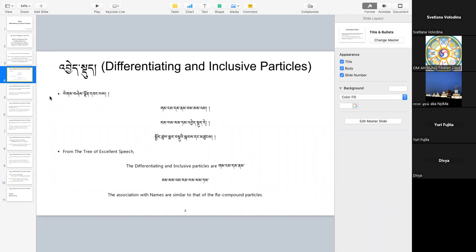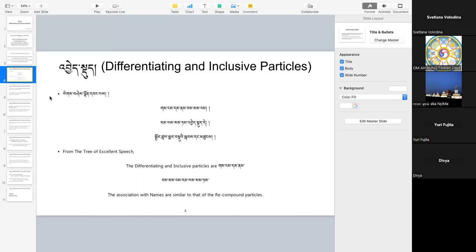All of us must understand that these particles of the differentiating and inclusive case are simply the 10 suffix letters with the addition of ma at the end. So ka with ma is kam, nga with ma is ngam, ta with ma is tham, and so on and so forth. And tam is the inferential particle. Tam is not directly stated in the main text of the Thirty, which is inferential, but here it is directly stated.